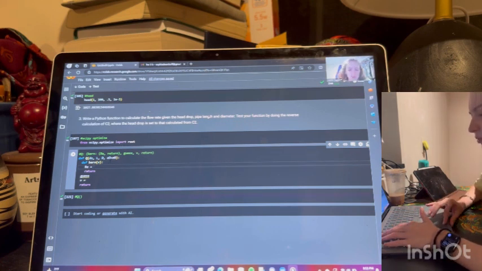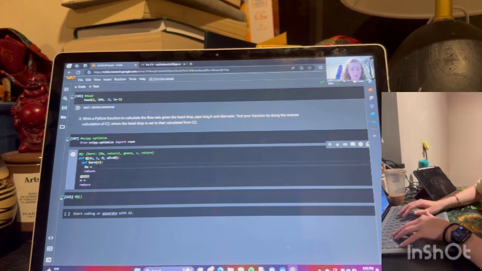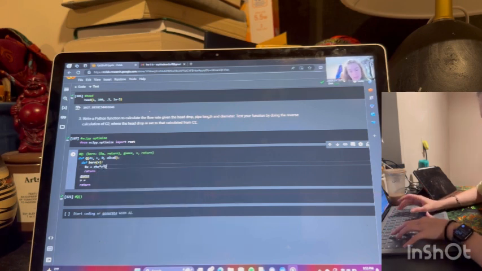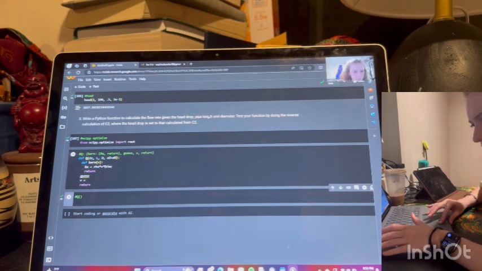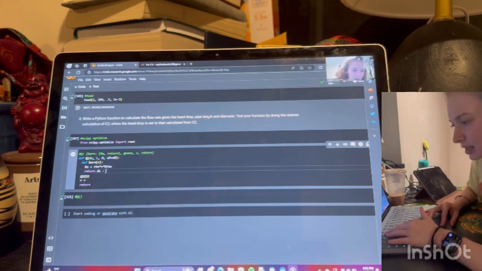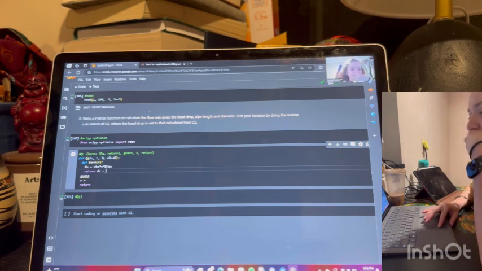So our Reynolds number is going to be rho V D over mu, and then we're going to be returning our DZ minus our Churchill using the same equation that we did prior.